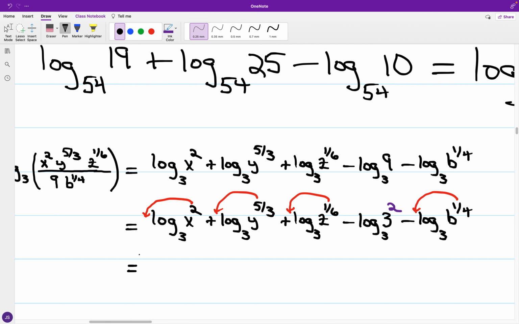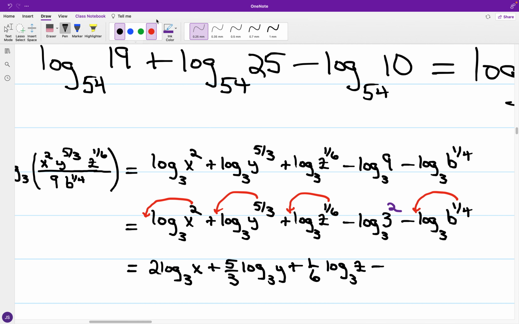All right, so in the final layout, among our terms, we'll have 2 times the base 3 logarithm of x, plus 5/3 of the base 3 logarithm of y, and we have plus 1/6 of the base 3 logarithm of z, and we have minus 2.